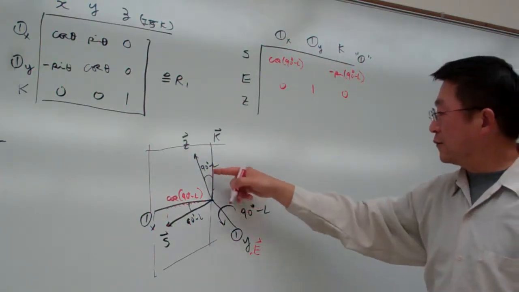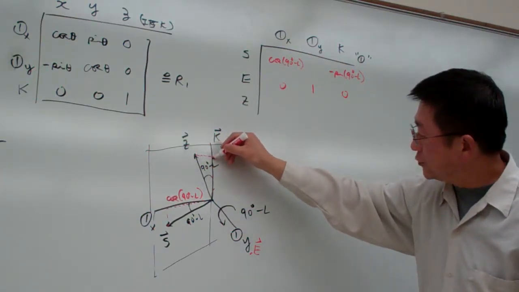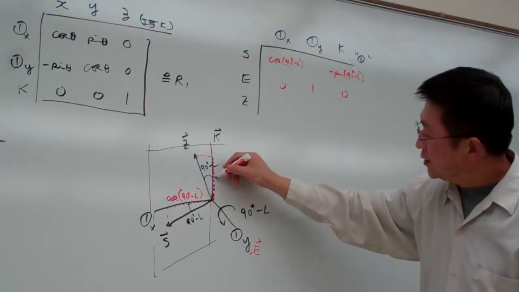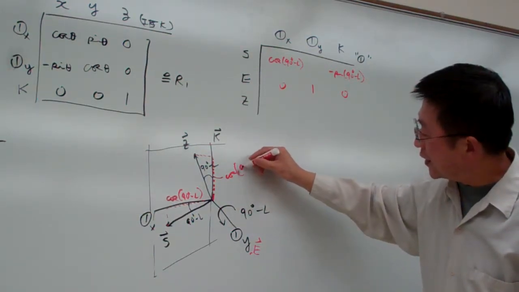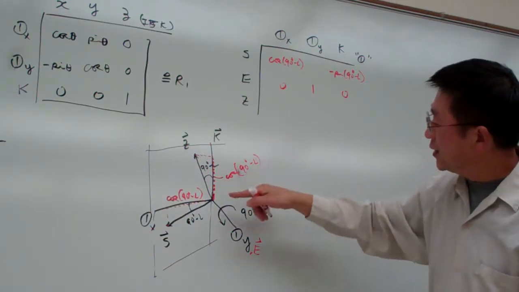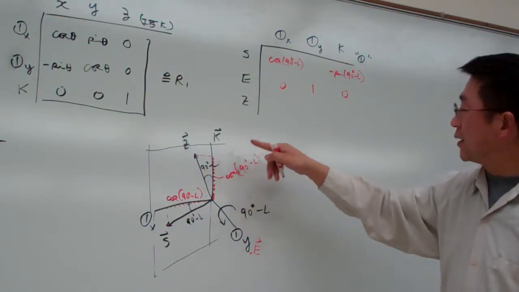And for this one, we project into the two components. The z-axis is decomposed into two components. The first component has a magnitude cosine of 90 degrees minus L, and that is in the positive k direction.